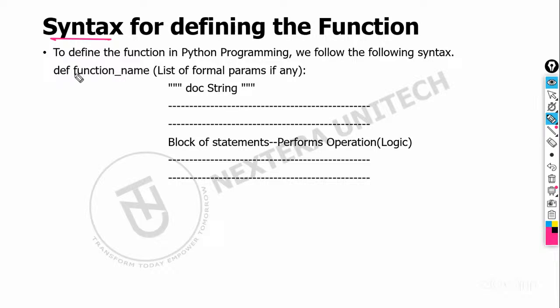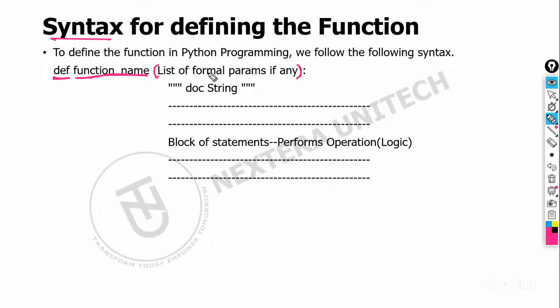Every time you define a function, ensure that the function starts with the keyword def, followed by the function name, whatever name you would like to keep for the function. Next, the def keyword followed by function name, then parentheses.